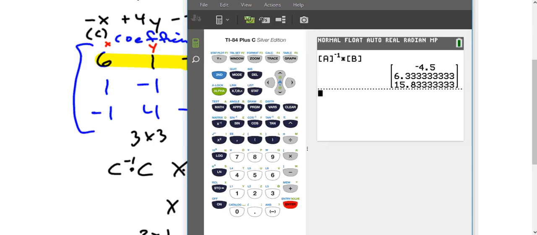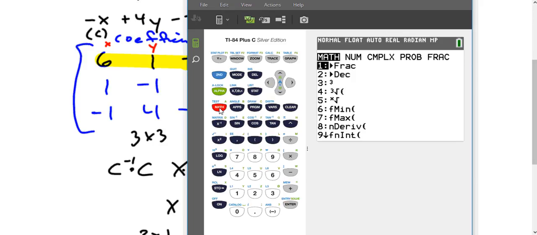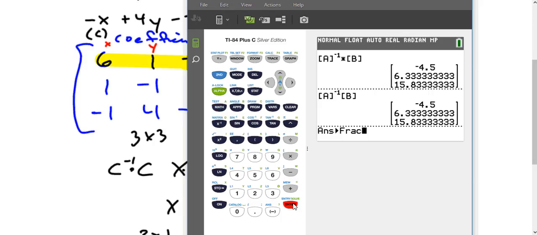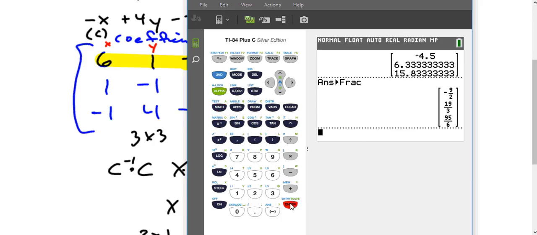I'm going to just make sure this is right. Seems a little off, unless I put it in wrong. All right, let's see if this is a different answer. No, same thing. If you go to math, fraction, you can actually make these into fractions, and that would be our answer for x, y, and z.